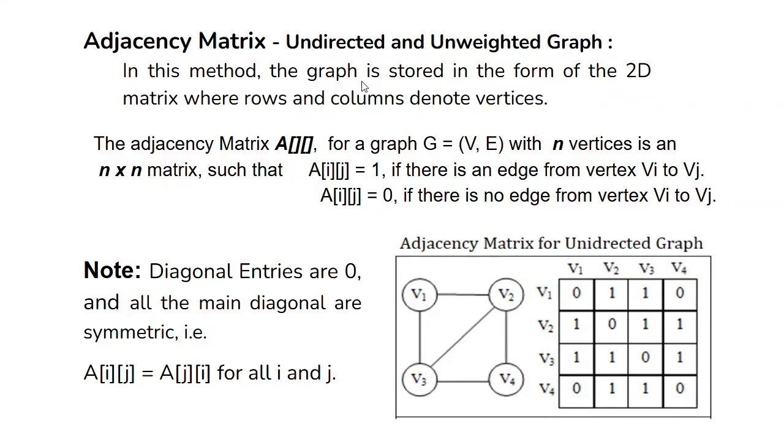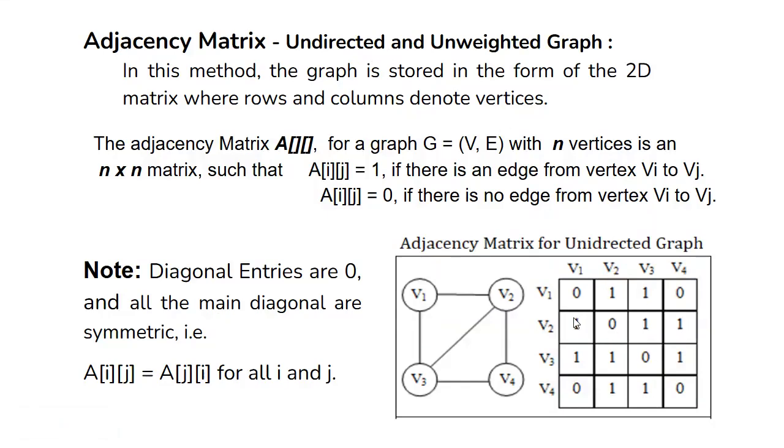Suppose if it is directed, then all the diagonal values are infinity because there is no self loop. So all diagonal values are 0. And similarly, the values are symmetric across the main diagonal because it is an undirected graph.